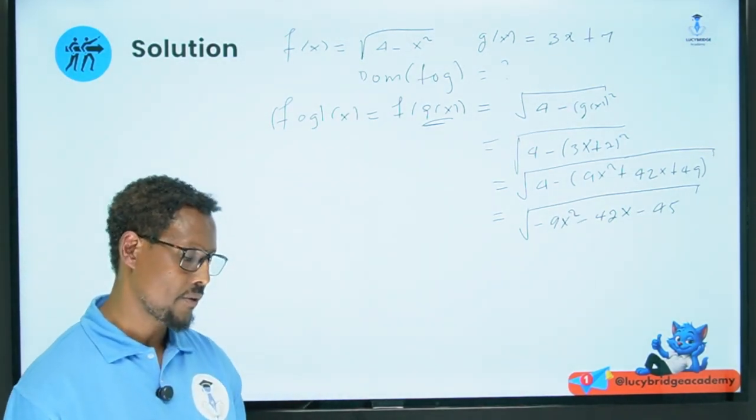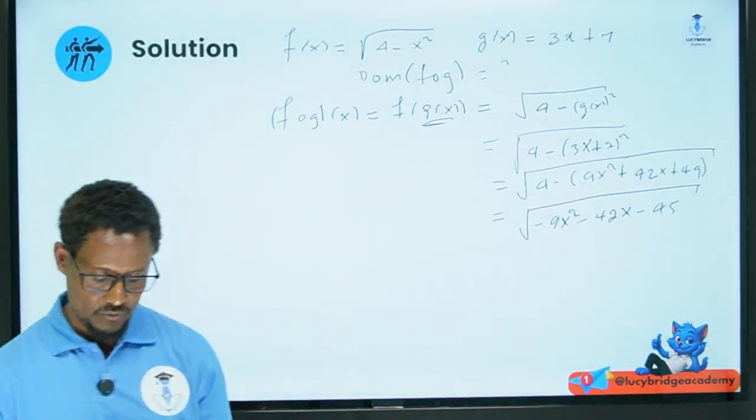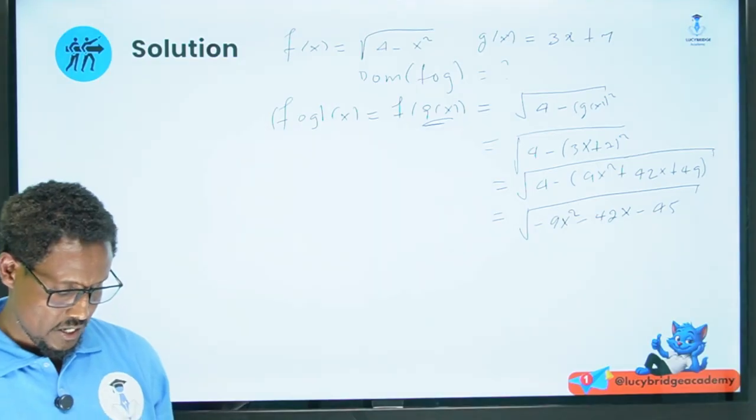Okay, now this is the composition function: the square root of minus 9x squared minus 42x minus 45.